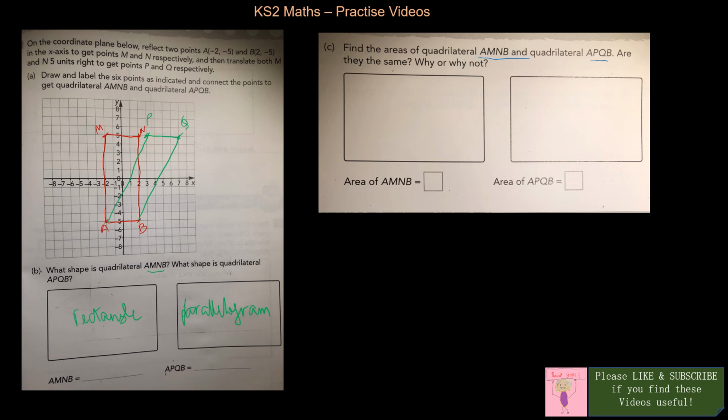APQB, are they the same? Why or why not? So the area of the quadrilateral AMNB. There's a rectangle, that is length times breadth.